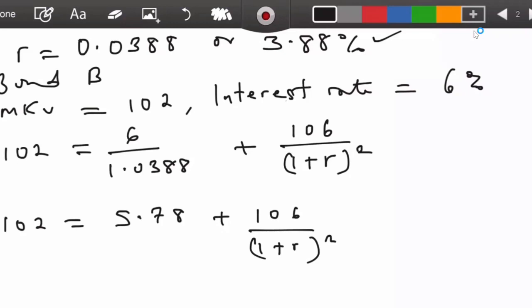To collect like terms together, this becomes 102 minus 5.78 is equal to 106 all over 1 plus R raised to power 2.